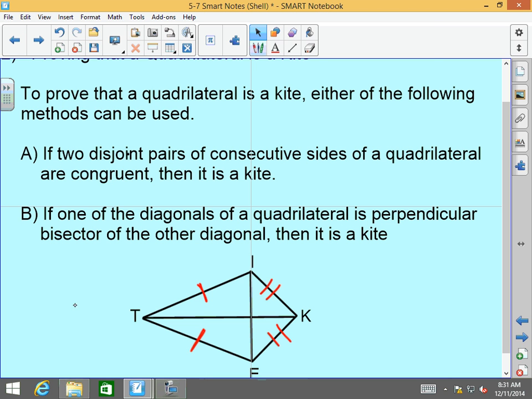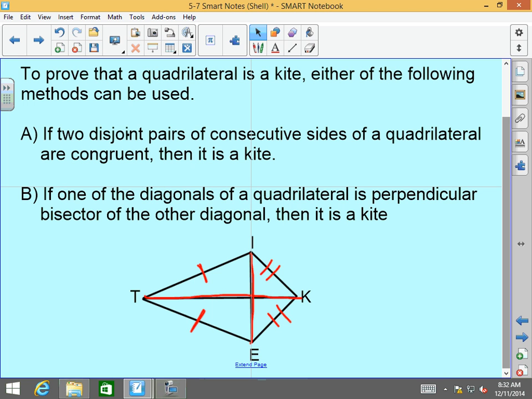So basically, if TK is the perpendicular bisector of IE, that means it cuts IE into perfect halves and creates a 90 degree angle, then that is a kite.